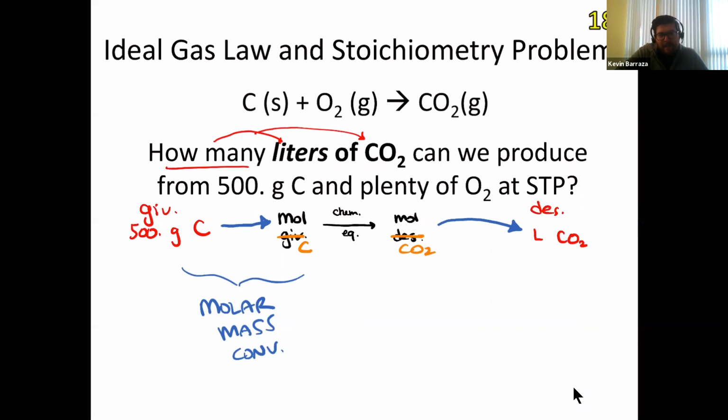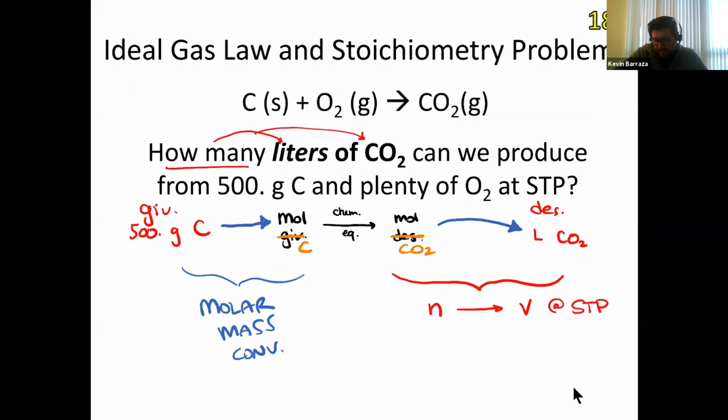So this is kind of the final step of assessing what tools do I have to do this. And remember that I mentioned it's pulling from previous chapters. This is our gas chapter. I want to go from n to V at STP. So what is that going to end up being?